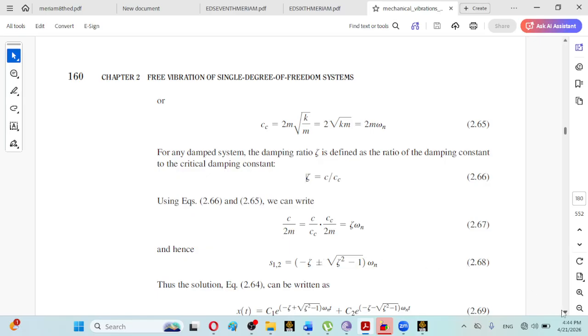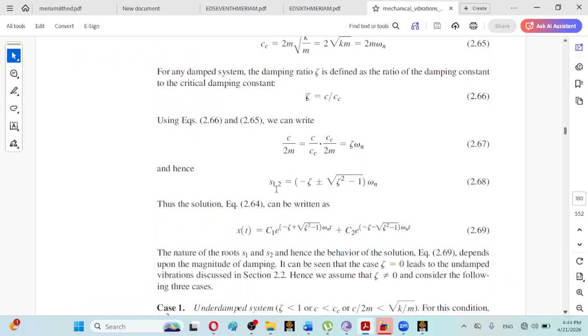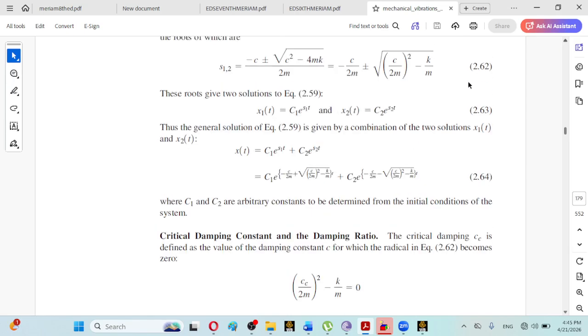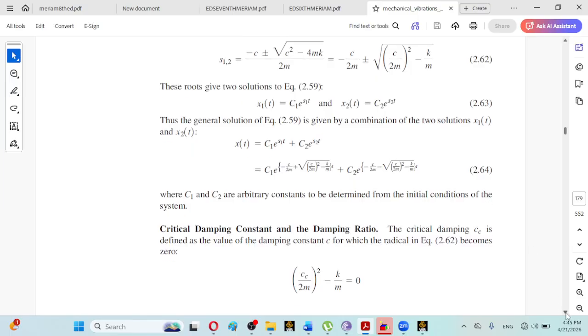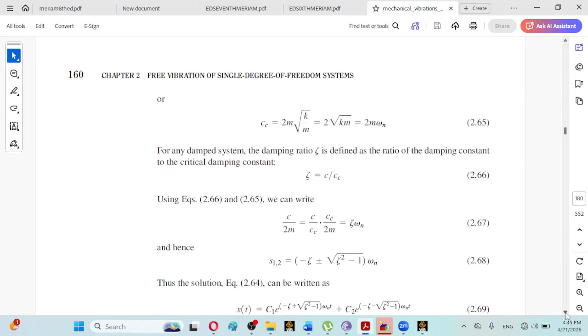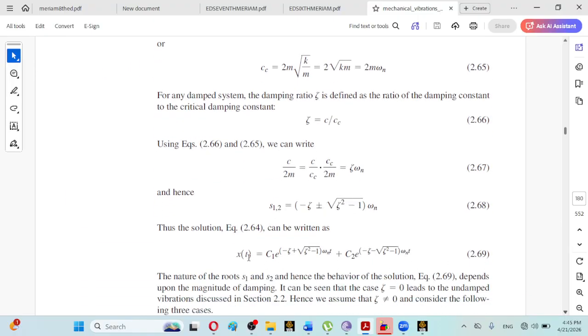That is equation 2.68, and now we will be inputting this equation 2.68 into the same equation 2.62, or we can say equation 2.64. When put in this equation, 2.64 will be modified into equation 2.69 here, with C1 e and so on, and this is the final equation for a general damped free oscillation.